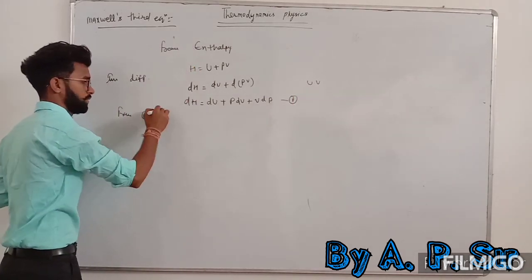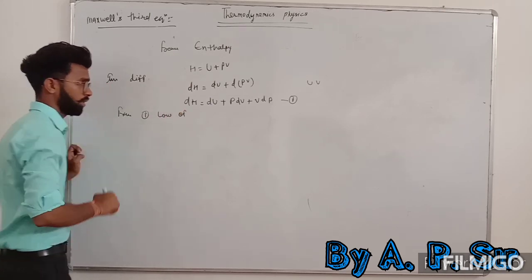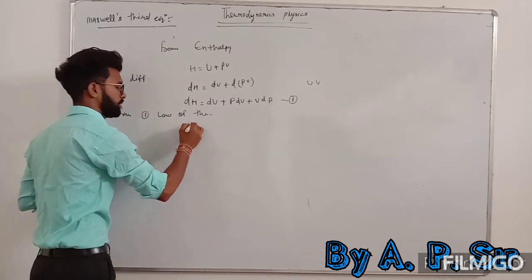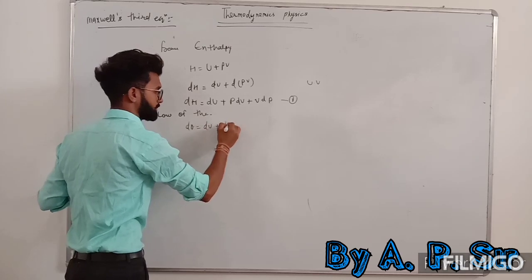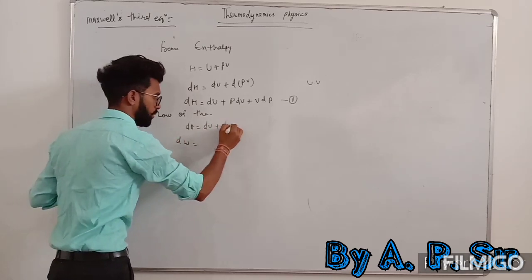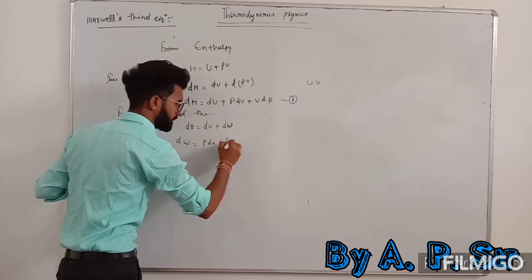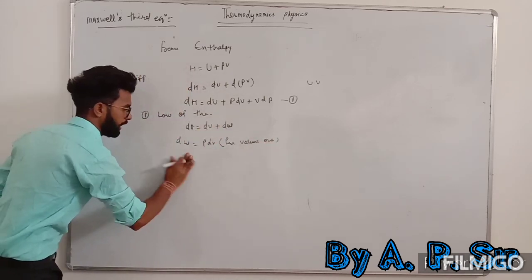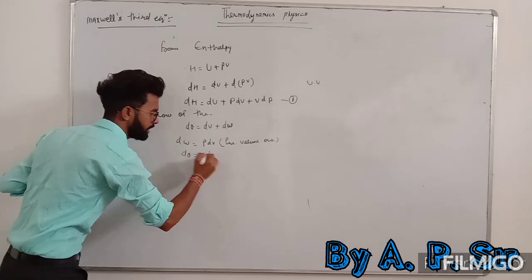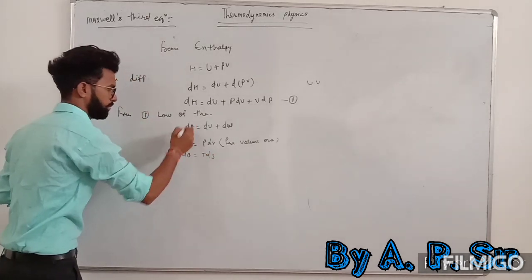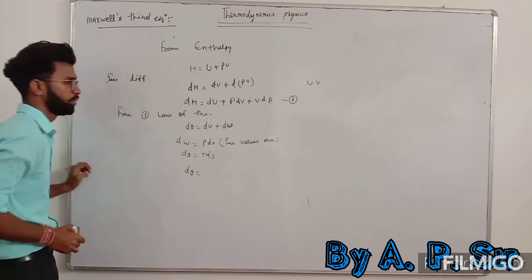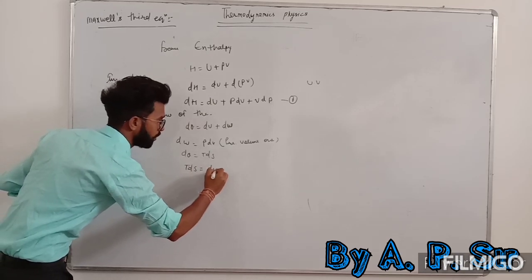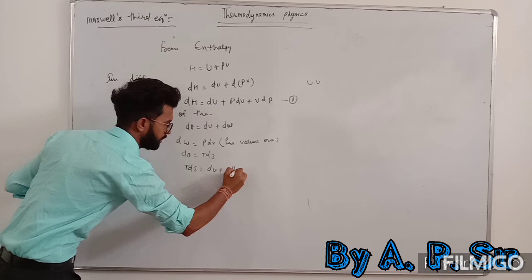From the first law of thermodynamics, dQ equals dU plus dW, and dW equals PdV. Put the value, dQ equals TdS, then TdS is equal to dU plus PdV.